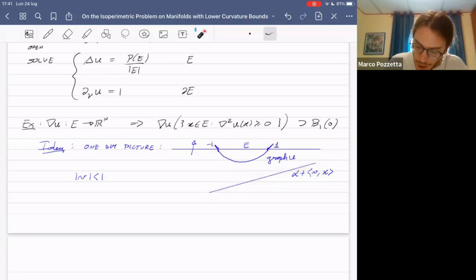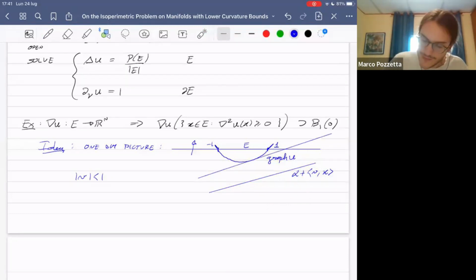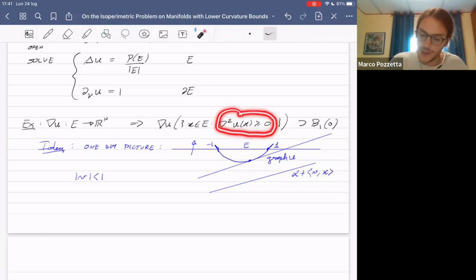So if I start from alpha minus infinity and then I increase alpha, I raise my plane, there will be exactly a value of alpha such that I touch with this plane the graph of u inside E, not on the boundary of E, but inside E. So precisely, I'm going to touch the graph of u at a point where the Hessian of u is non-negative.